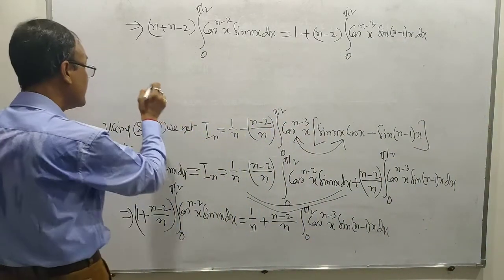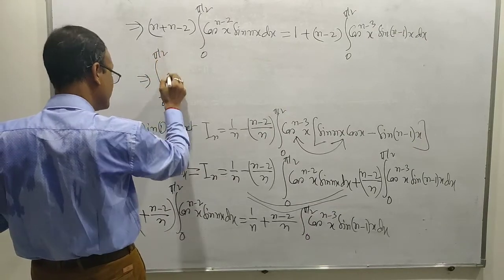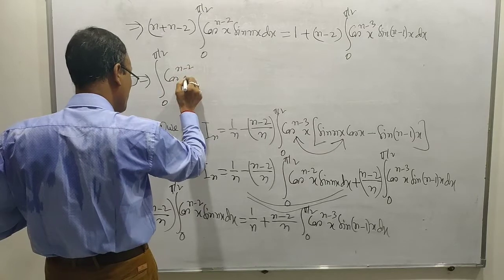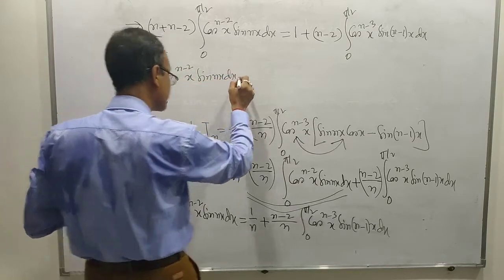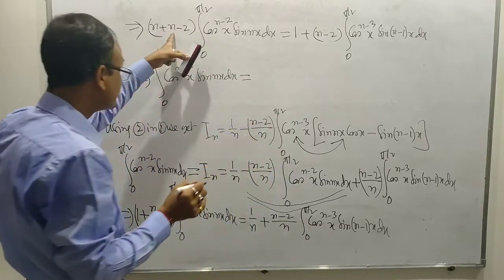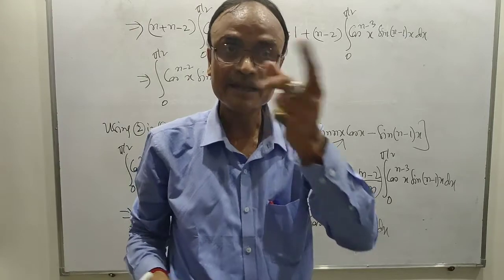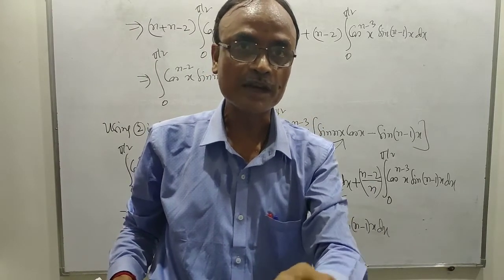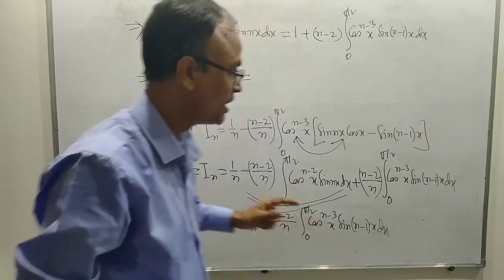Now, this means integral 0 to pi by 2 cos to the power n minus 2x sin nx dx is equal to, what is this? Twice n minus 2 means 2 times n minus 1.